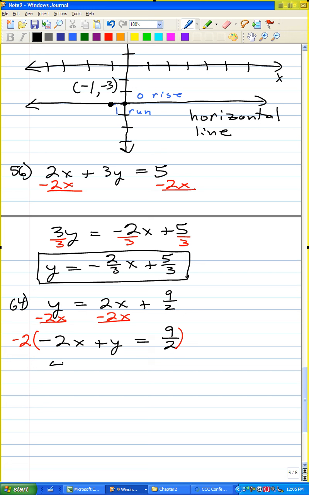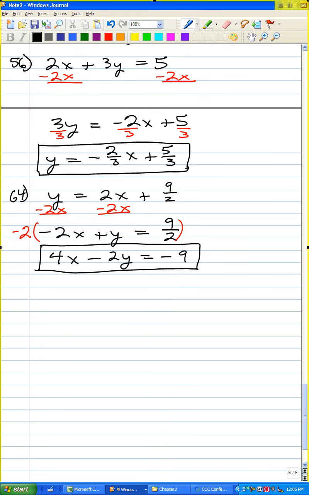-2 times -2 is a +4. Negative 2 times y is negative 2y. The 2's cancel, so I get a negative 9. And now that is in standard form. Notice that 4, negative 2, and negative 9 are all integers.